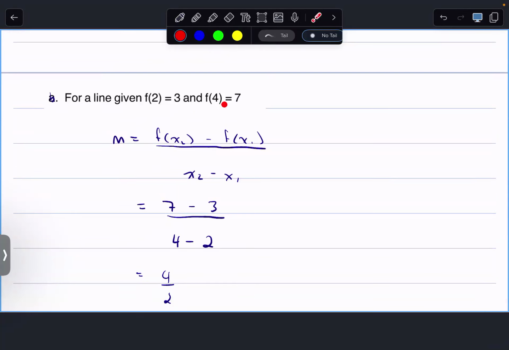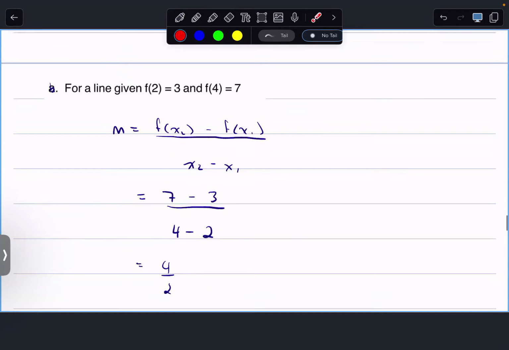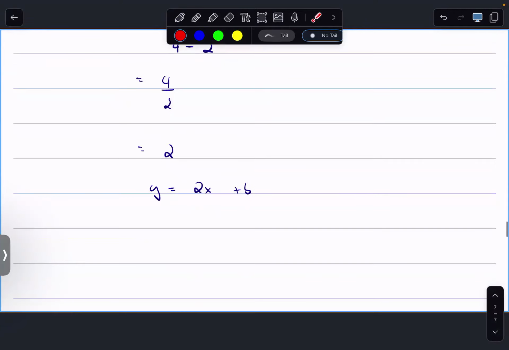Neither of these are kind of speaking to me in terms of simplicity. I'll just use the first one. f of 2 is equal to 3. 3 is 2 times 2 plus b.